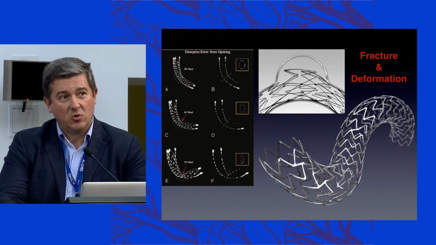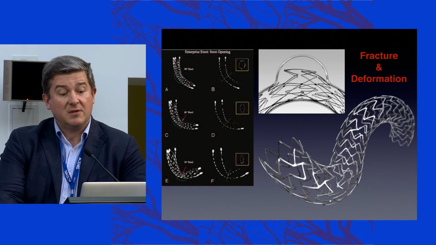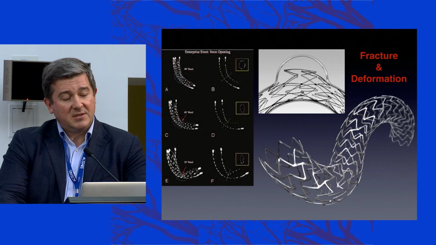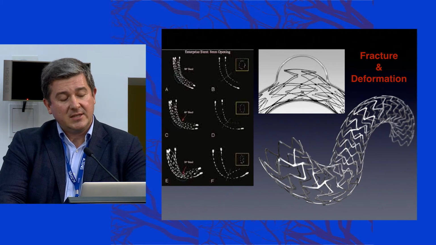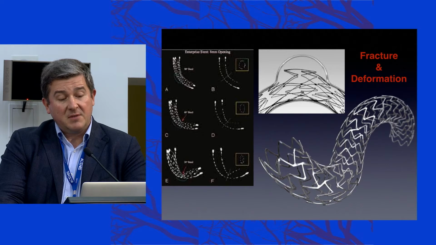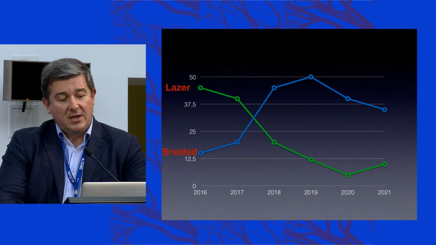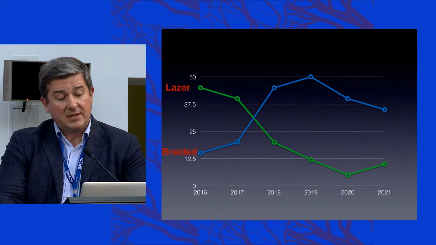And in terms of coils, we can say that at some point a particular part of it can prolapse. On the second part of the slide, you see how a laser cut stent began to deform, and at some point it can even break.